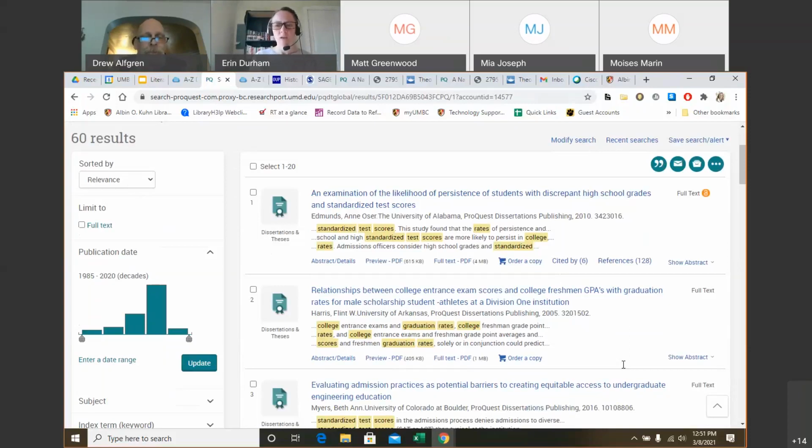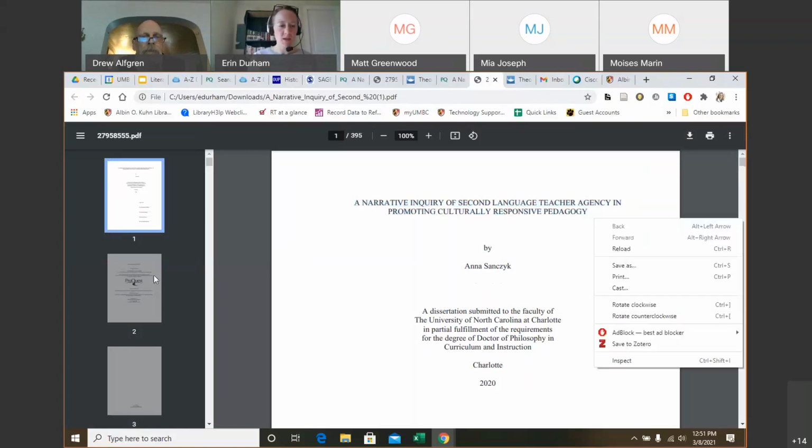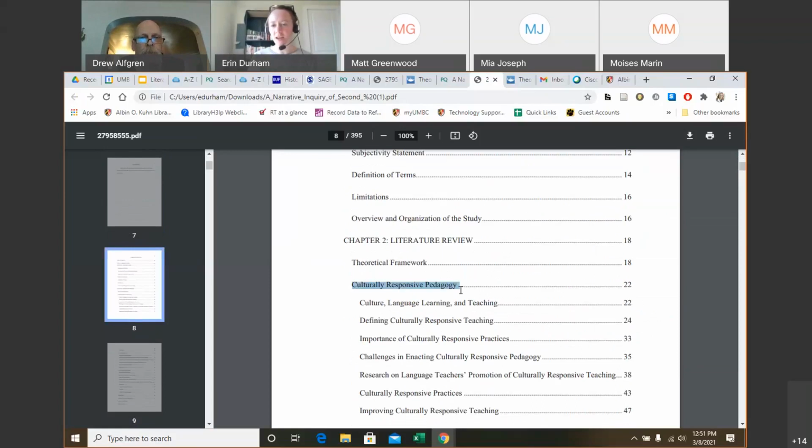So yeah, and actually that's a great point, Drew. And something that also comes to my mind, going back to the example we've been using, if the person, at the very beginning of their program, knew that they wanted to talk about second language teacher agency and promoting culturally responsive pedagogy, but they weren't able to find something about all those things, right? What they ended up doing is looking in the literature, identifying different aspects of that and saying, oh, I'll look at the literature on this aspect of it.